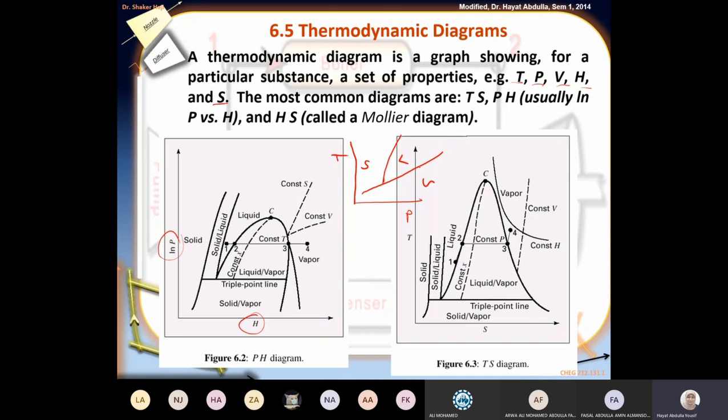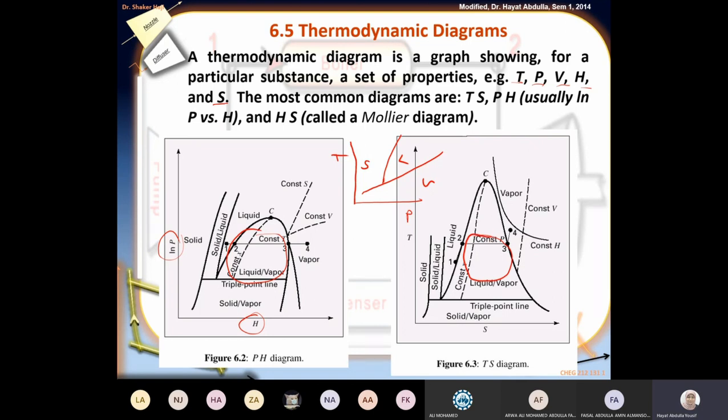For example, the line between liquid and vapor is the line that represents the saturated mixture. Now, in comparison, the diagrams that I'm showing here represent those mixture phases as an area. For example, here is the area of the mixture, liquid and vapor. Same thing here with the TS diagram.